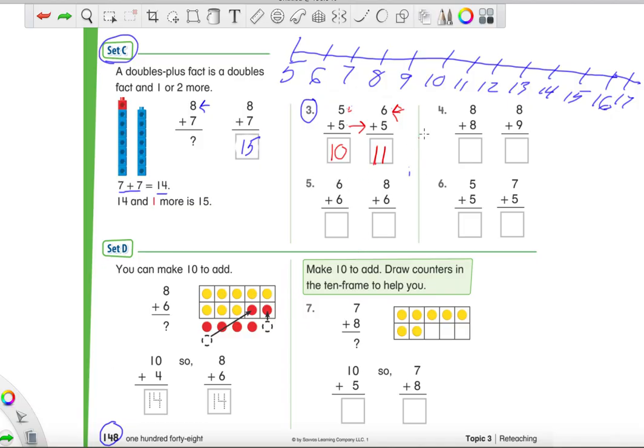Alright, so let's go over to number 4. I'm going to let you guys try number 4 on your own again really quick, and then we'll go over it together. Remember, do 8 plus 8 first, and then solve 8 plus 9.